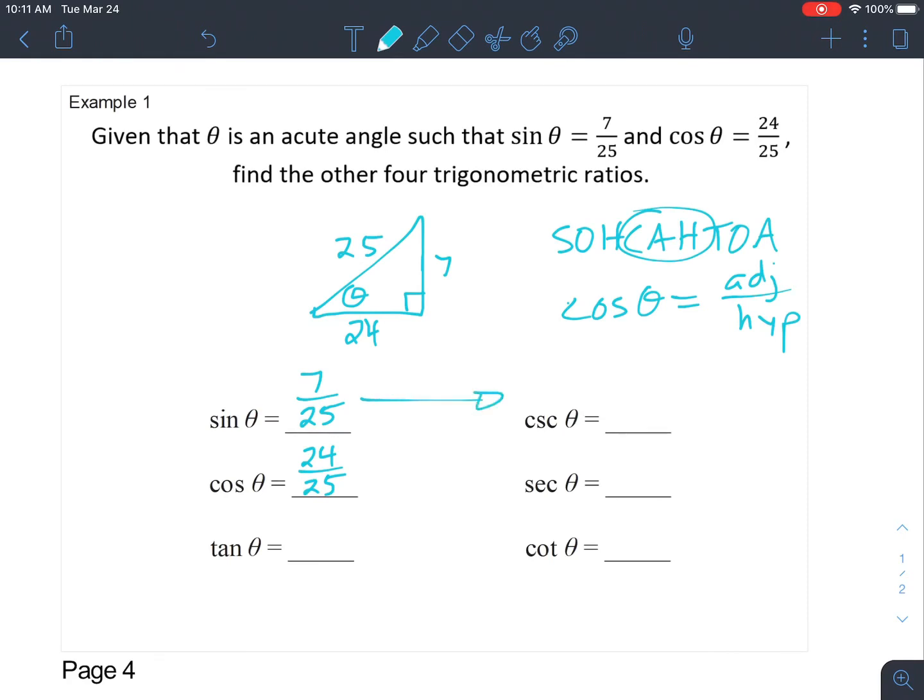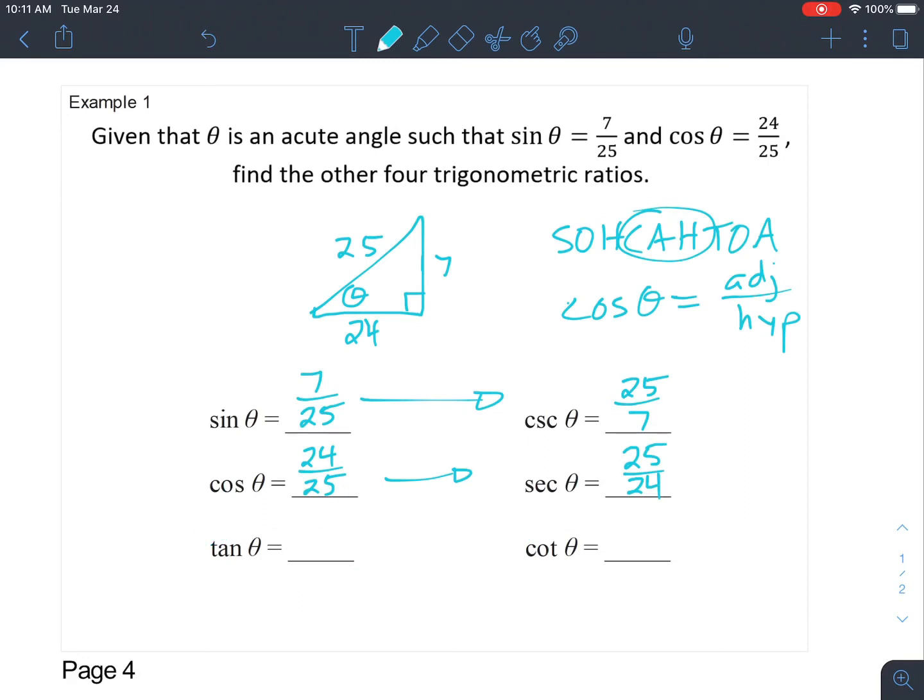So 7 over 25 for sine means that cosecant is 25 over 7. If cosine of theta is 24 over 25, the reciprocal of that is going to give us secant of theta, 25 over 24.